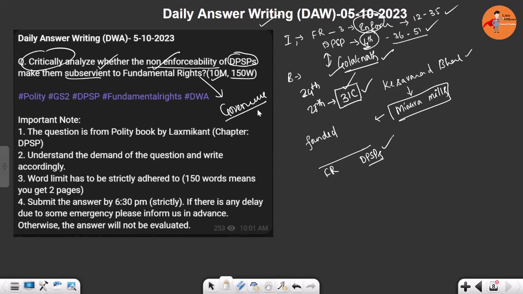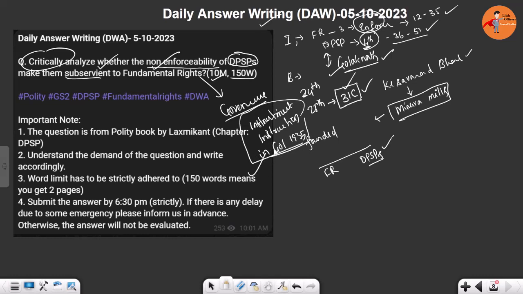They have been equated with the instrument of instruction in the Government of India Act 1935. They are so essential in the governance process.